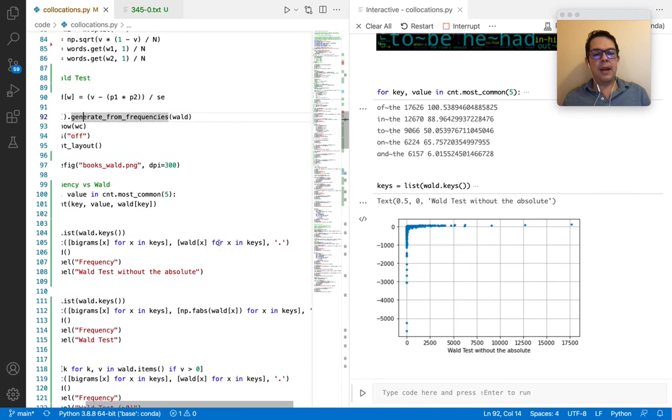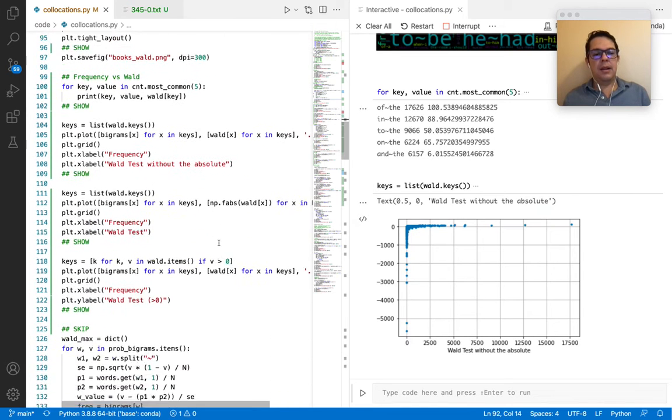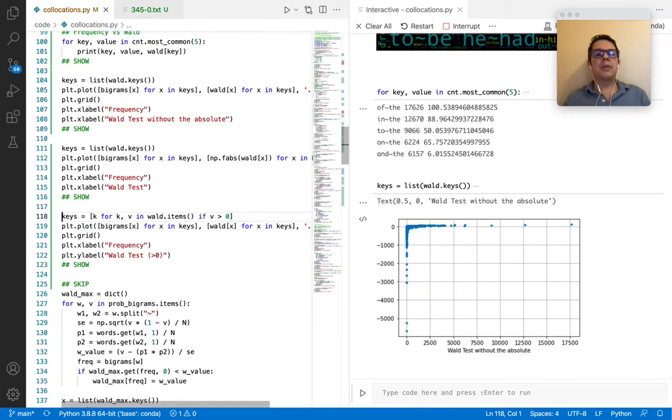I think I have it here. Yes, I have it here. What we can do is iterate over all the values in this dictionary, which are the Wald statistics for all the bigrams, and check if the Wald statistic is greater than 0. If so, we keep the keyword, and we iterate over all the keywords and do the scatter plot again.